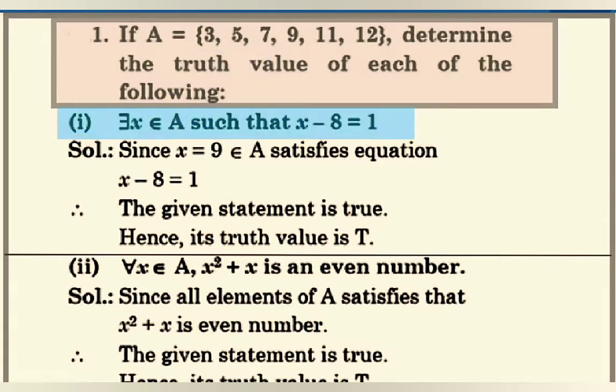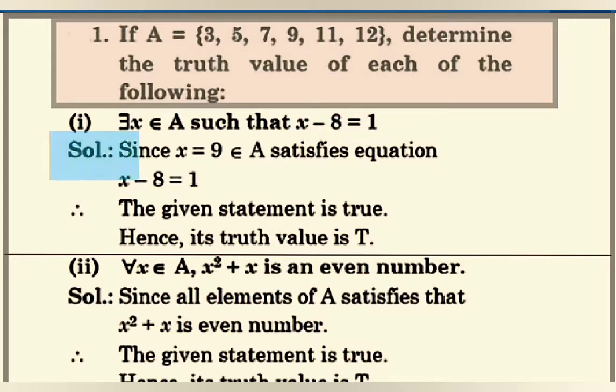First statement is there exists x belongs to A such that x minus 8 is equal to 1. This is the symbol of there exists, and its meaning is there exists at least one number in the given set that satisfies this condition x minus 8 equal to 1, then the given statement is true.